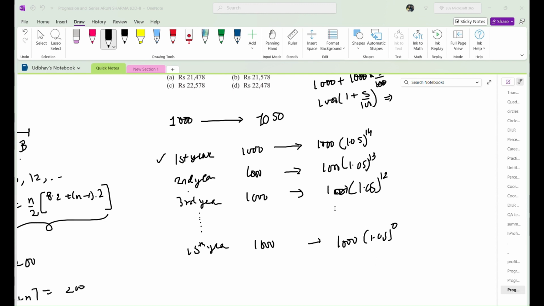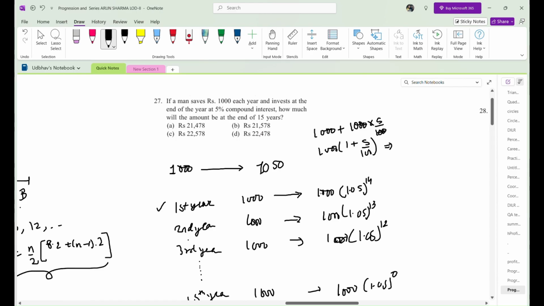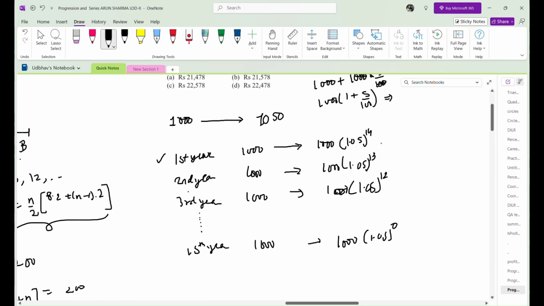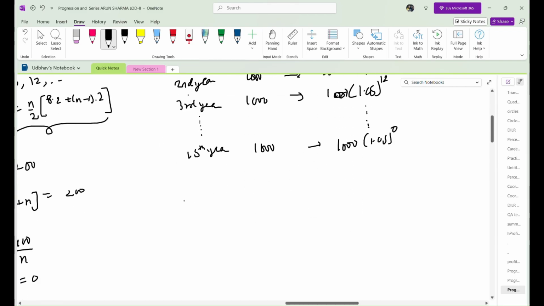So can you see the pattern here? The pattern is just like a GP. So how much will be the total amount? From the first year we got this, second year we got this, third year we got this. Similarly, it gets reduced each year. So the total amount will be the sum of these.